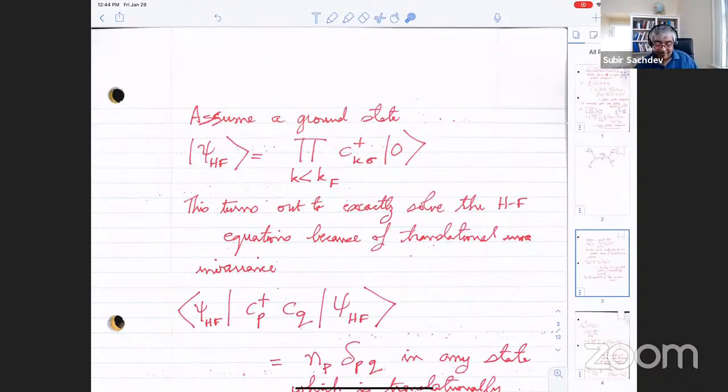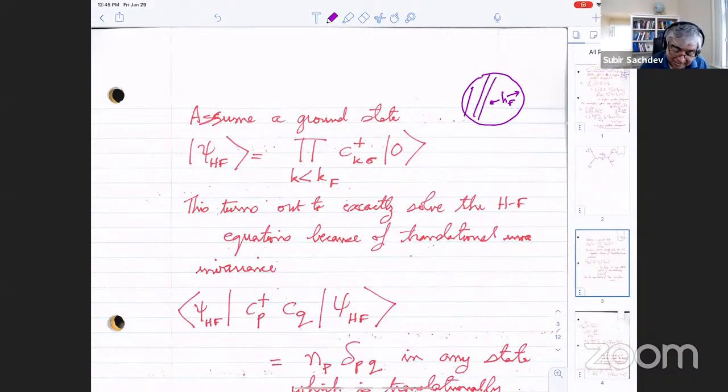What we're going to do is just fill up the lowest energy free particle states. So we're going to take a Fermi sphere in momentum space of radius kf. That's the Fermi wave vector, and all the states in here are going to be full, and the states outside that are going to be empty.